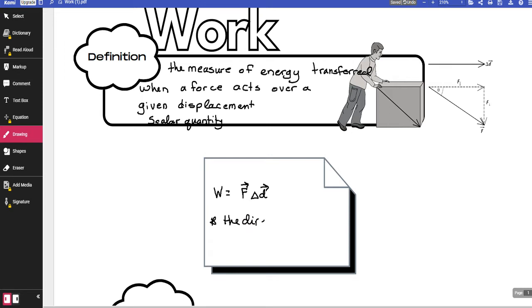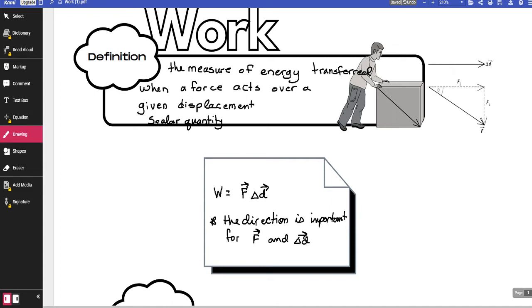The direction is important for force and the change in displacement. Now, force does not always operate in one direction.